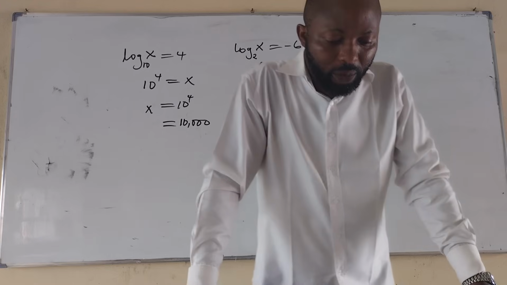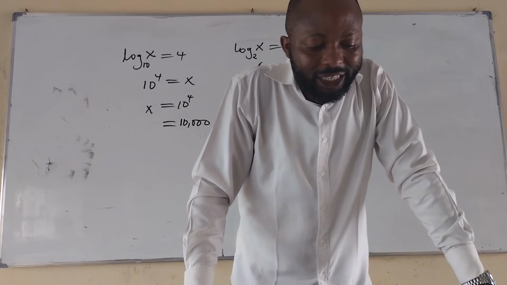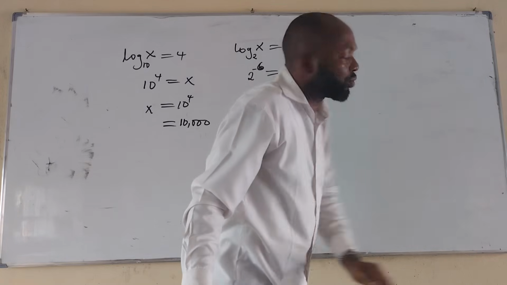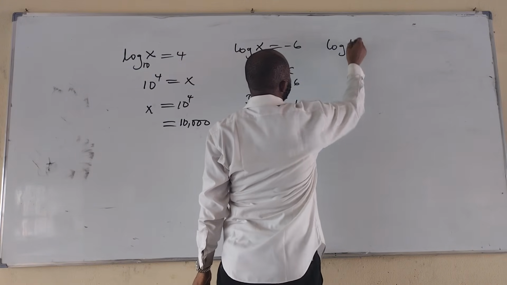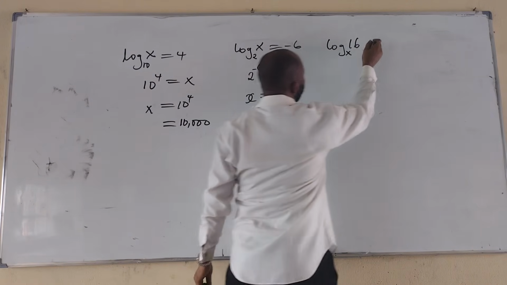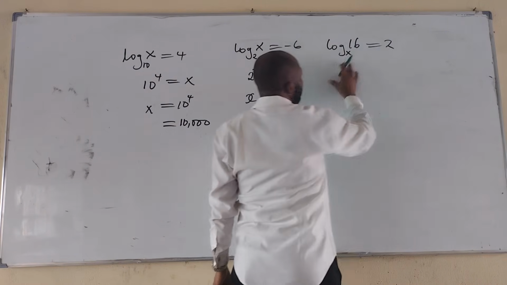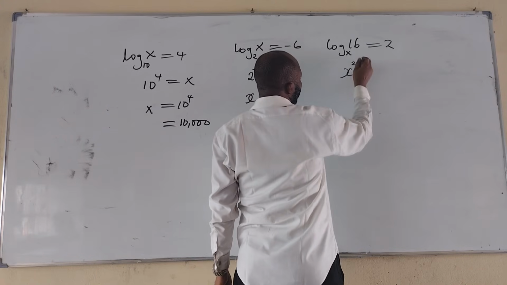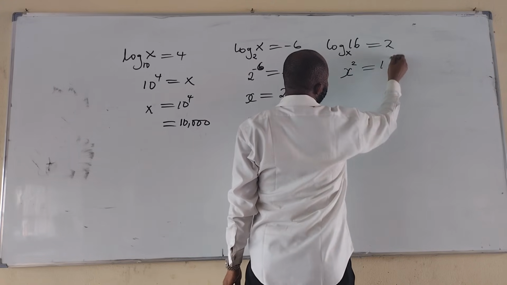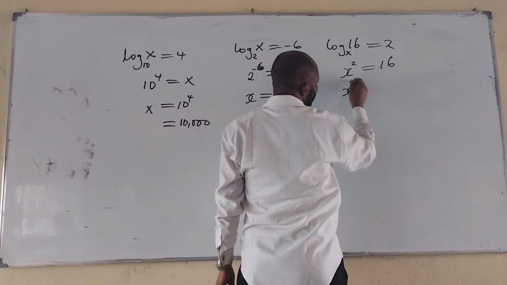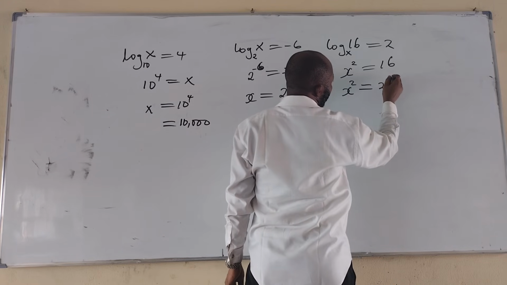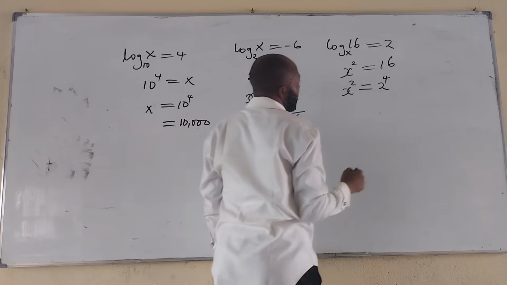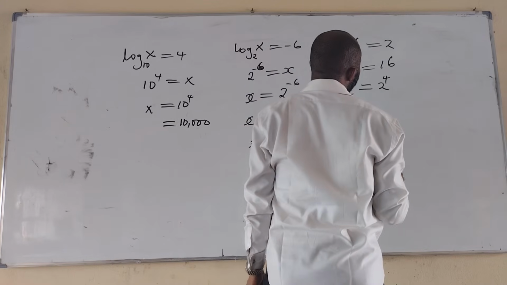Let's take another one. Log 16 in base x is equal to 2. So this is x raised to the power 2 is equal to 16, which is the same thing as 2 raised to the power 4.